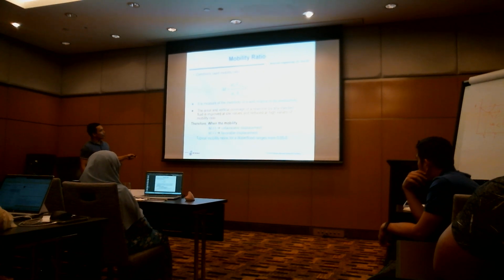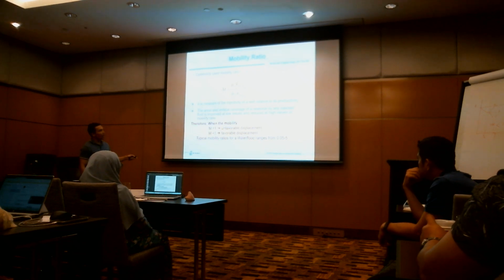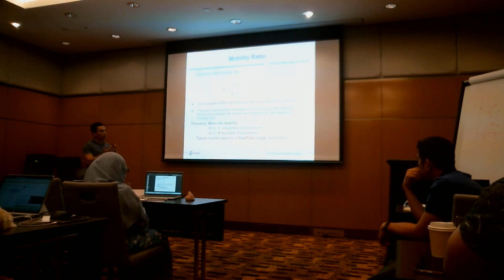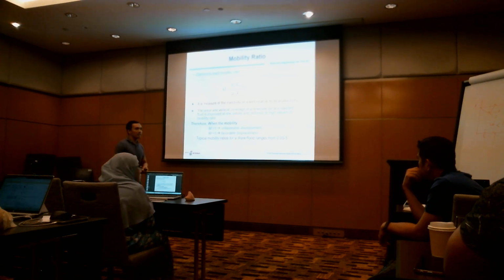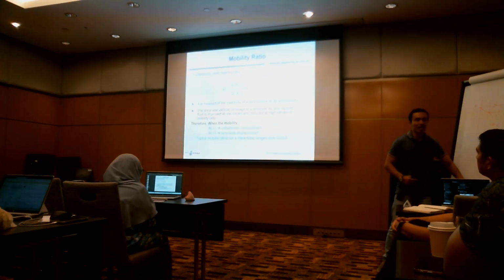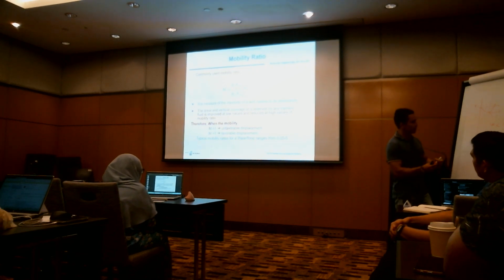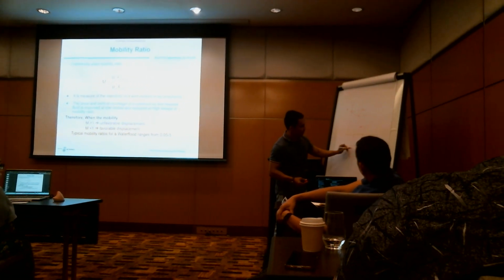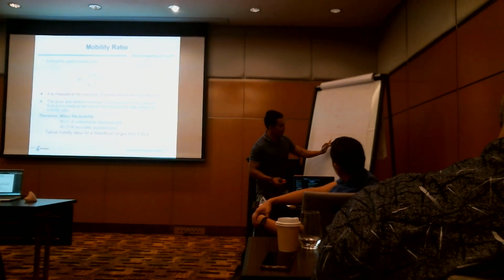If the mobility ratio is more than 1, you will have an unfavorable displacement, which means you will have fingering like this. Ideally, you want a piston-like displacement, right? You want it like this.